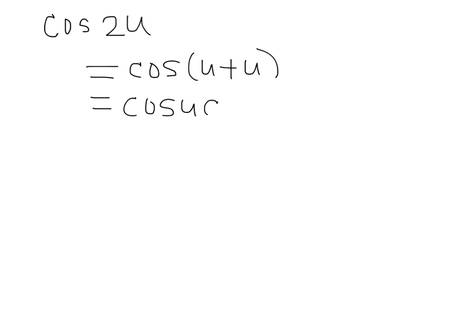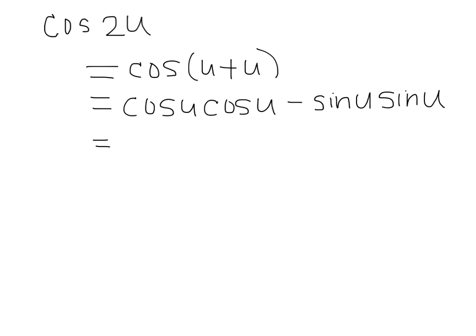If we look at the cosine of 2u, we again apply the sum formula for cosine. Cosine 2u is cosine of angle u plus angle u. Applying the formula from section 5.3, we get cosine of the first times cosine of the second, which in this case are the same angle, minus sine of the first, sine of the second.